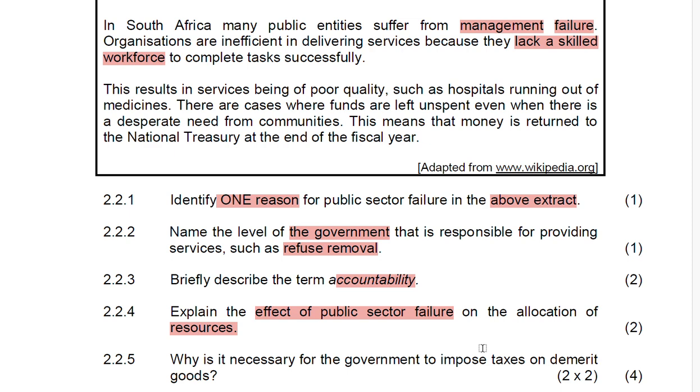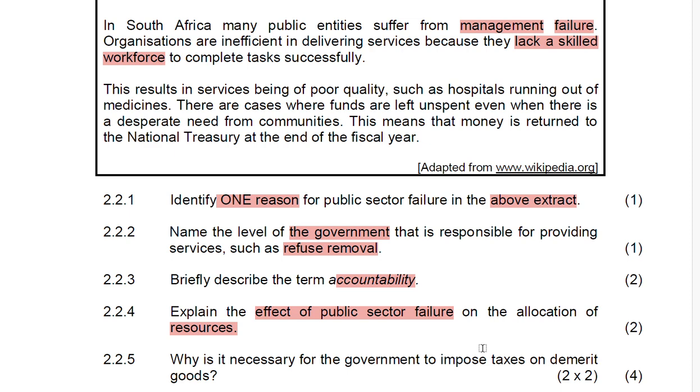Allocation of funds to failed projects and inefficient government departments results in wasteful expenditure and the use of taxpayers' money. So, what does that mean? What does it mean that the public sector failure resulted from the incorrect allocation of resources?